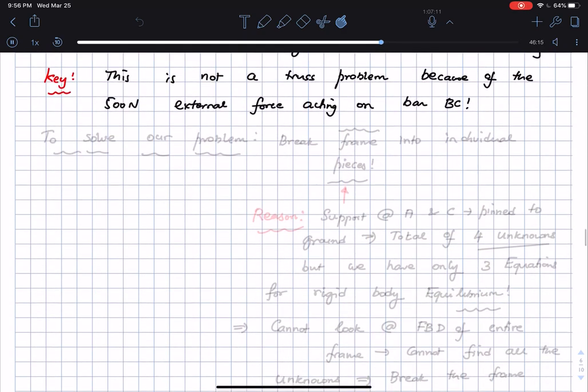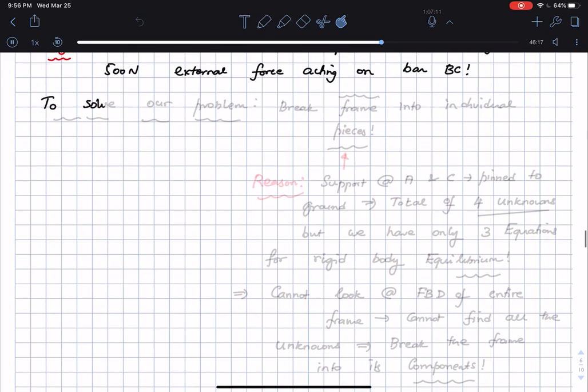To solve our problem, I'm going to break the frame into two pieces. We're going to break the frame out into individual pieces.